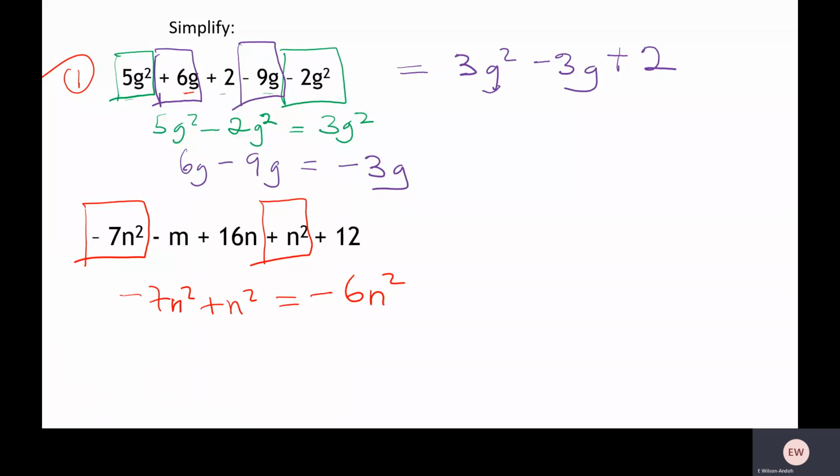Negative 7 plus 1 will give us negative 6. Now, when you check the rest, we do not have any other like terms in the expression. So our answer to this is going to be minus 6n squared minus m plus 16n plus 12. So we have simplified this by collecting like terms.